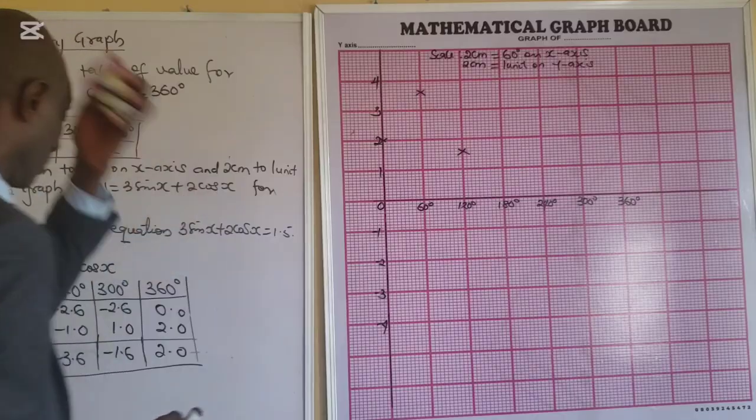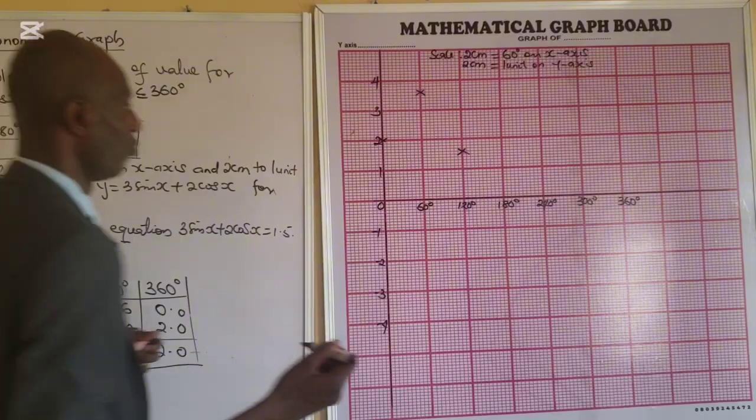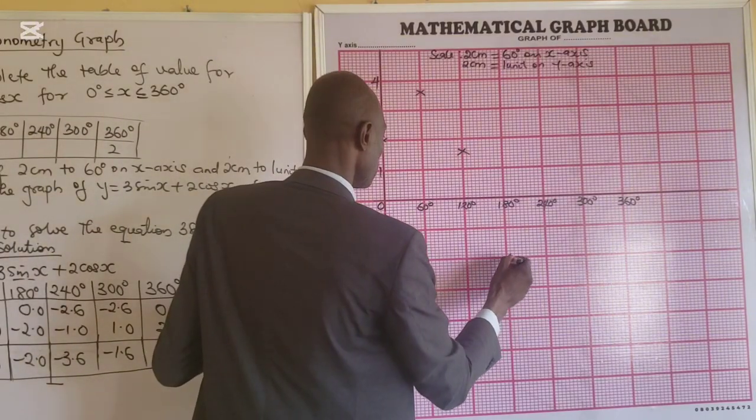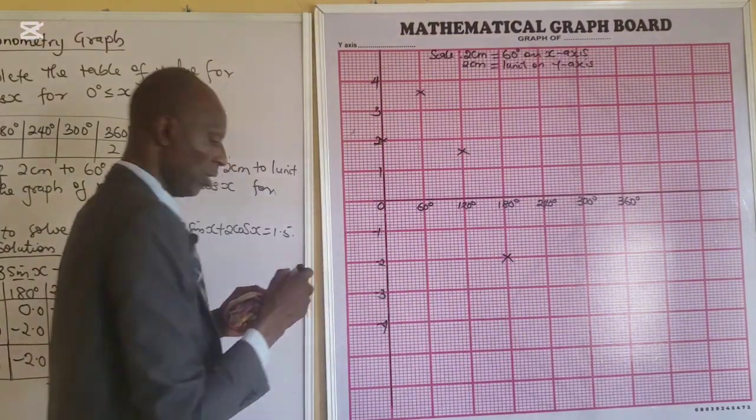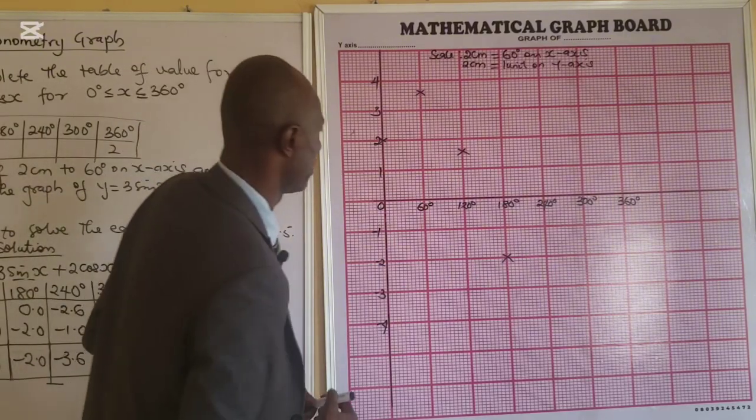Now, when it is 180 degrees, it's minus 2. Look at minus 2. When it is 240 degrees, it's minus 3.6.